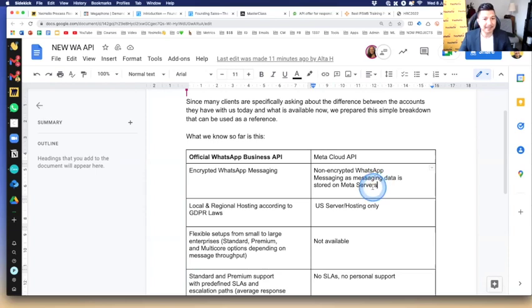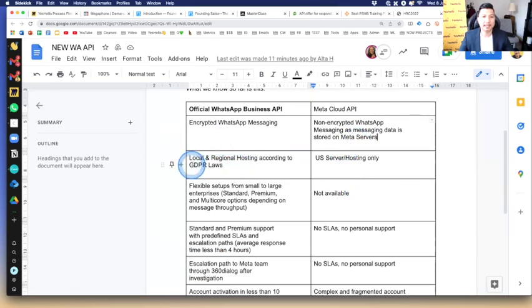But most SMEs, 90% of SMEs are not that level. So this might or might not be a concern. Second one is local and regional hosting according to GDPR laws. This GDPR law is the privacy laws, right?